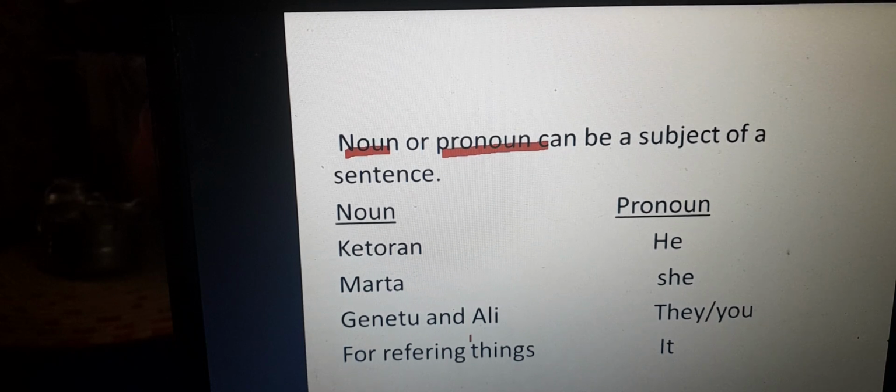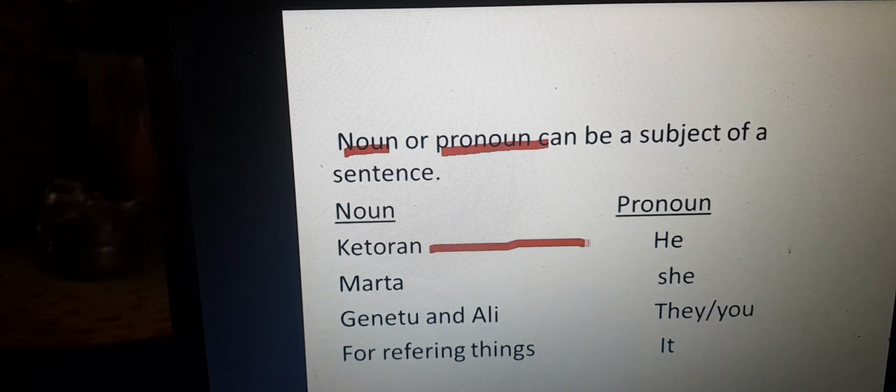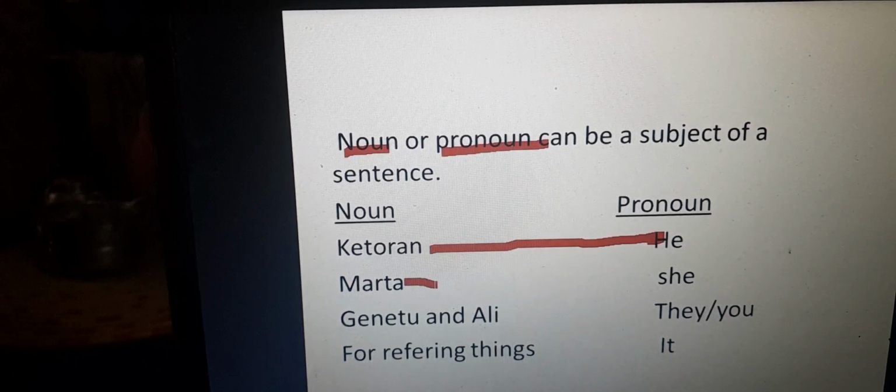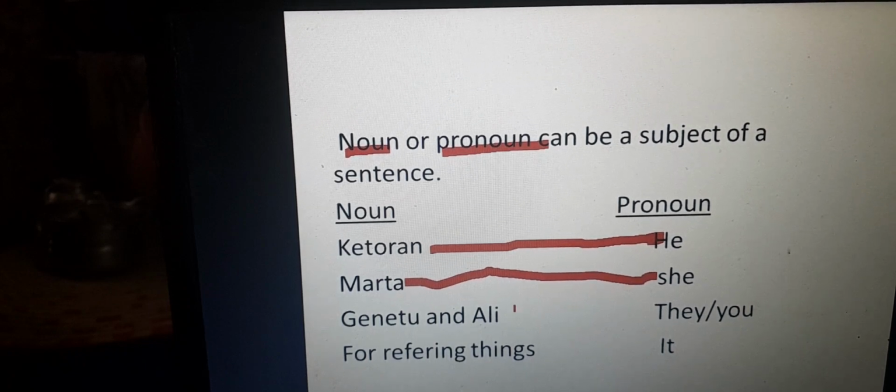And for referring to things, animals, and the like, this can be taken as a noun, okay? For example, the noun Keturan can be just replaced with he. And Martha is a name for a female, so it can be referred to with the pronoun she.